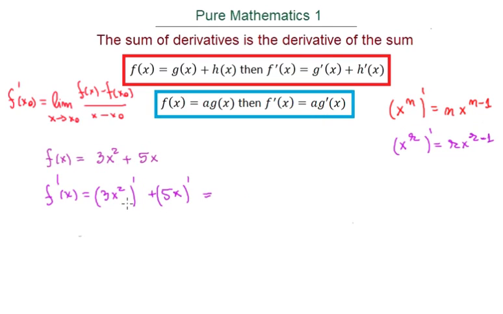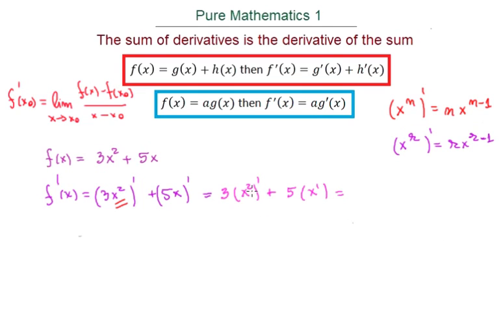So we only need to differentiate x squared, because we will know that 3 stays unchanged. So then this will be equal to 3 times x squared differentiated. For now we write everything. Further down the road we will do this more quickly. And the second one is 5 times x differentiated.